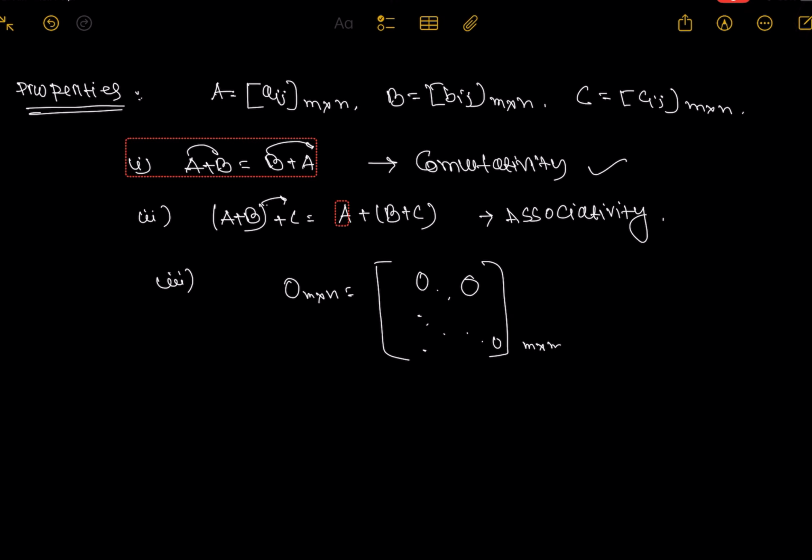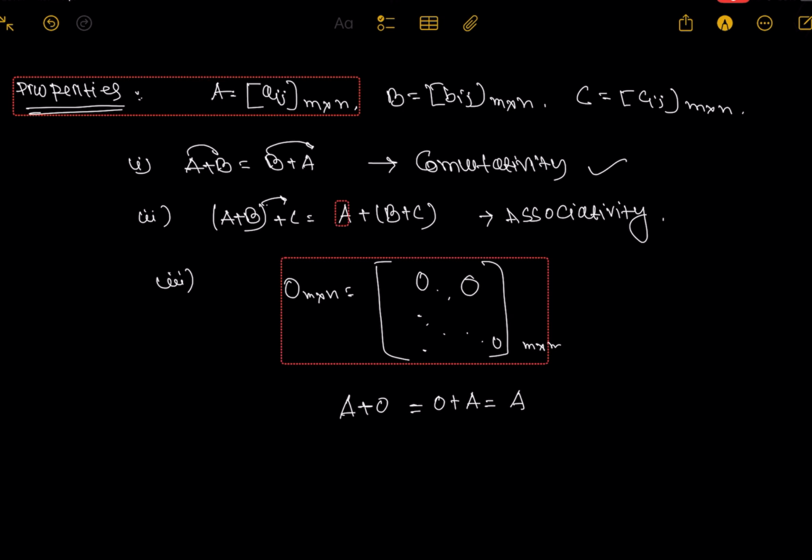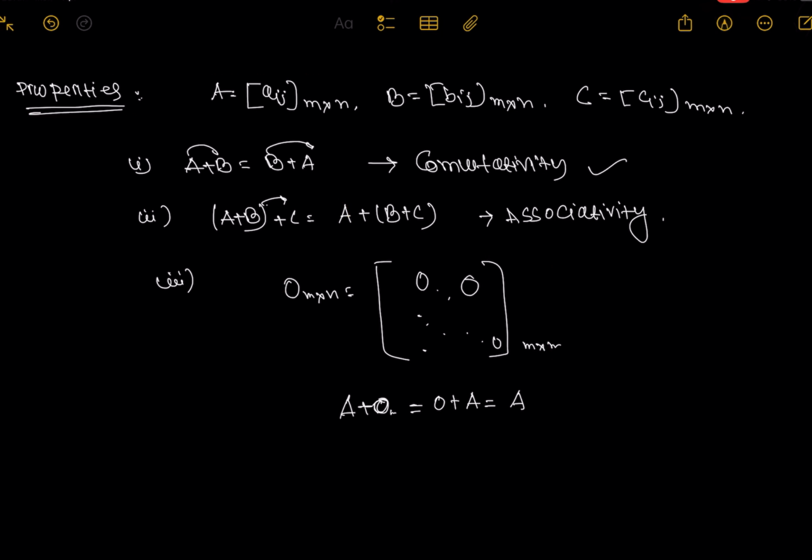Then for a matrix of all-zero entries, we say that A plus 0 equals 0 plus A equals A. If any matrix A is added with a zero matrix of the same order, then we get the same matrix. This is property number 3.